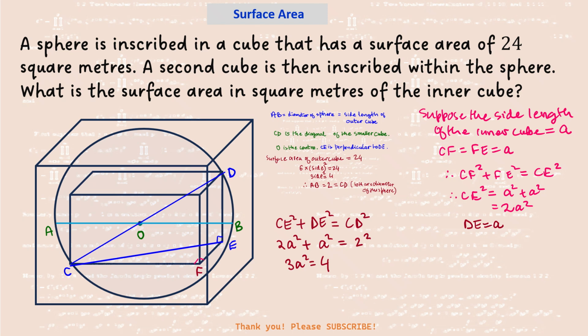So we can write 3A square is 4, so hence A square is 4 out of 3, and so the side square of the smaller cube or the inner cube is 4 out of 3.